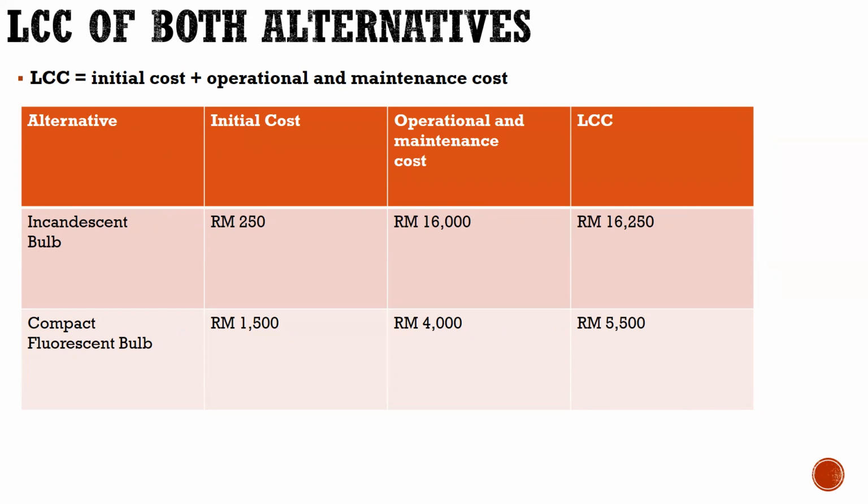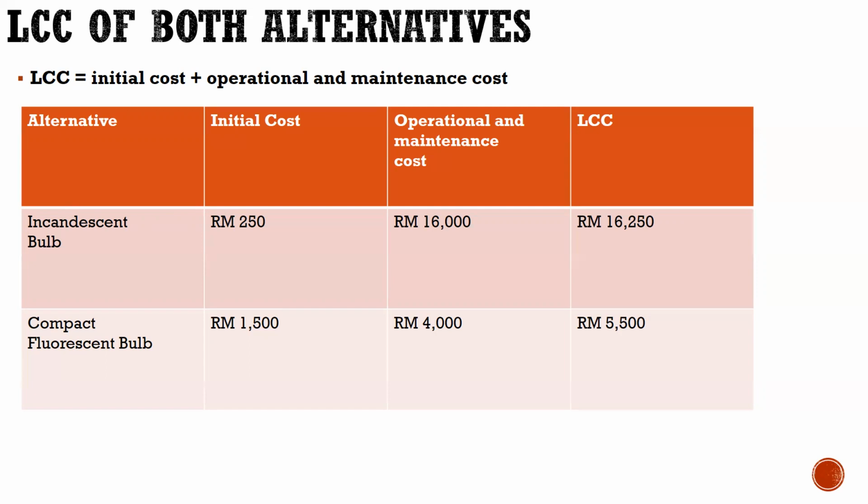That is the life cycle costing for the incandescent bulb. And when you take the compact fluorescent bulb, 1,500 plus 4,000 Malaysia ringgit will give you 5,500 Malaysia ringgit. That is the total cost, purchase and maintenance cost, for the compact fluorescent bulb.